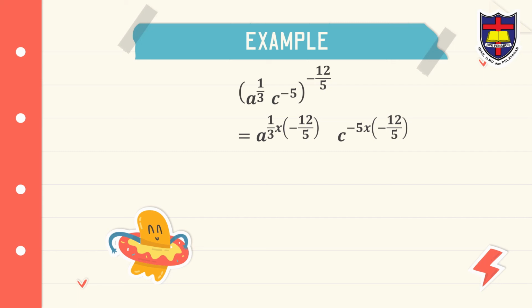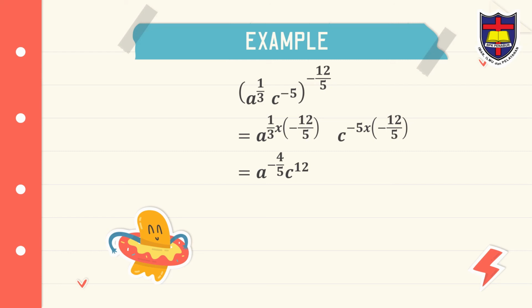So a to the power of 1/3 times -12/5, and then times c to the power of negative 5 times negative 12 over 5. So now we must calculate the multiplication in that exponent.